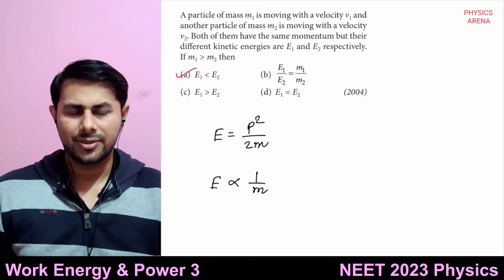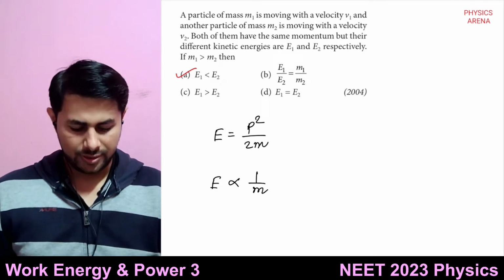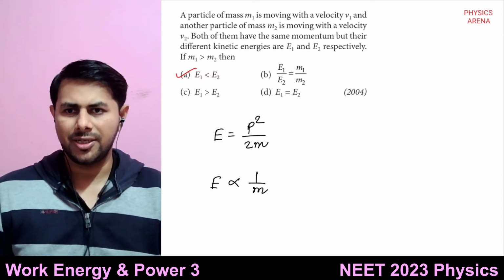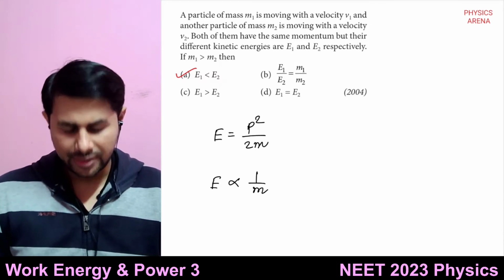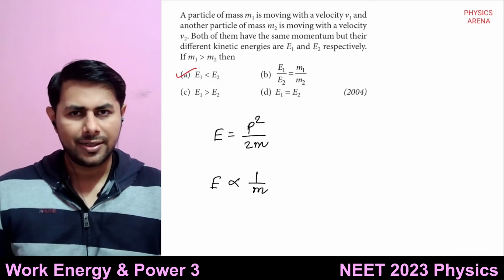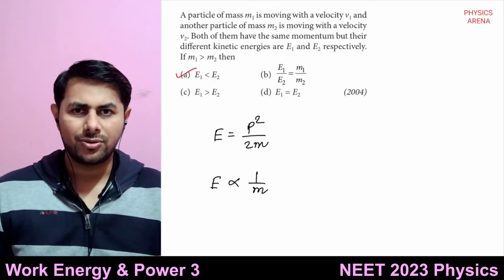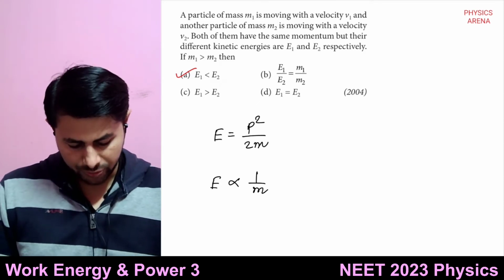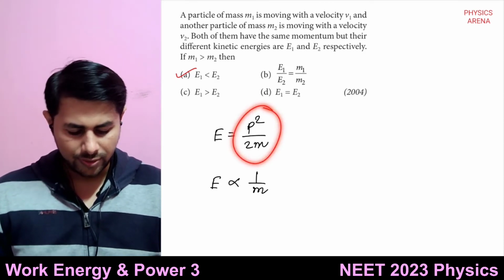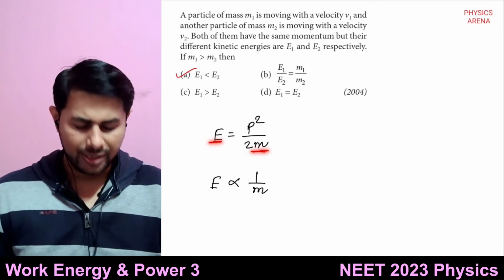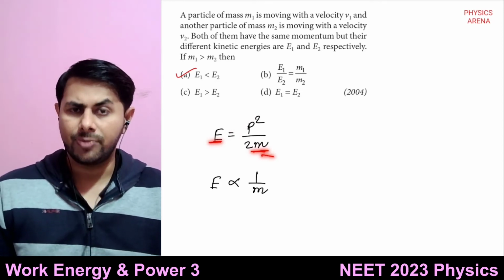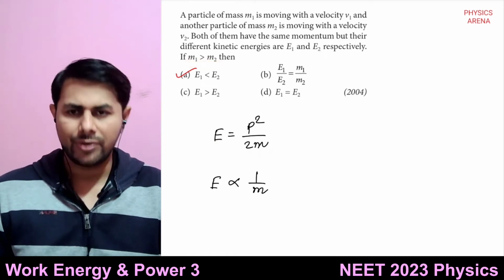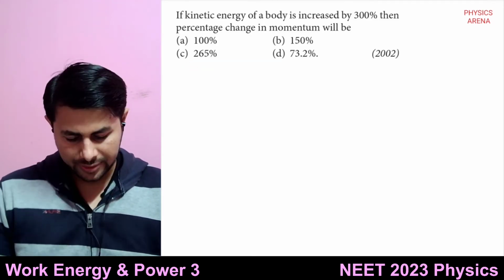So whether the velocity is given or the momentum is given, depending upon that. So momentum is given, momentum is same. Kinetic energy is inversely proportional to mass now because momentum is equal. So we have to use this formula. So if mass is more, energy will be less. If mass is less, energy will be more. So since m1 is greater than m2, E1 will be less than E2. Next question.